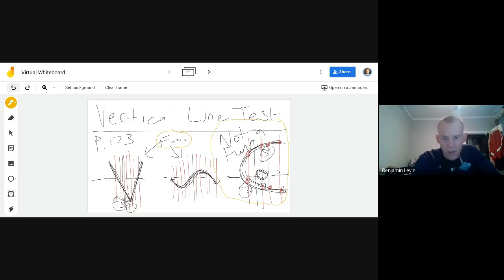It's a function, right? All of these vertical lines only cross at one place along these functions. So we have a function. This one, if we draw a vertical line here, it crosses at 2 different places. So it's not a function. It fails the line test.